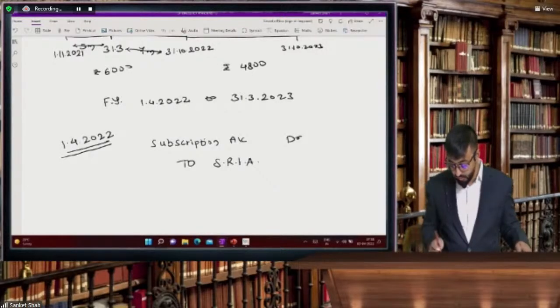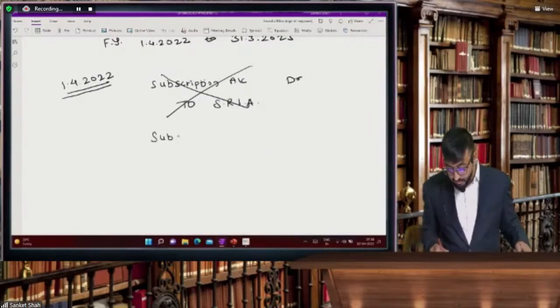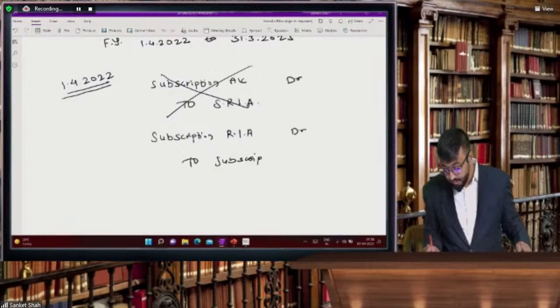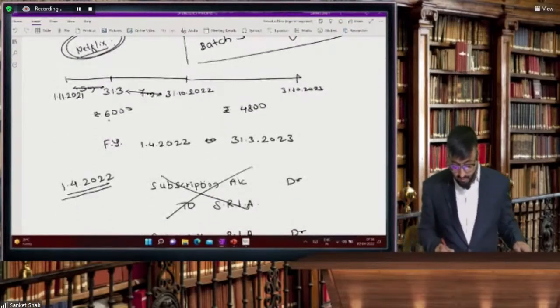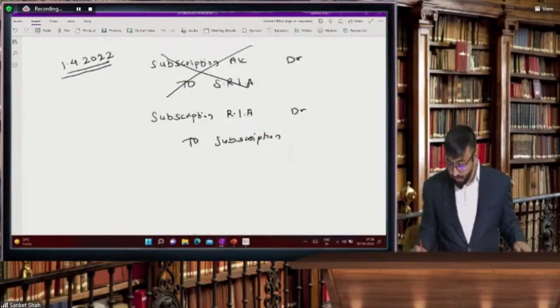Sorry, this is not the reversal entry; this is a normal entry. So the reversal entry will be: subscription received in advance has a credit balance, and you are going to record this income in the current year, which you received in the last year. 7 months at 500 per month, so it will be 3,500.